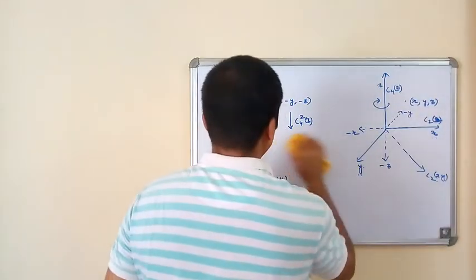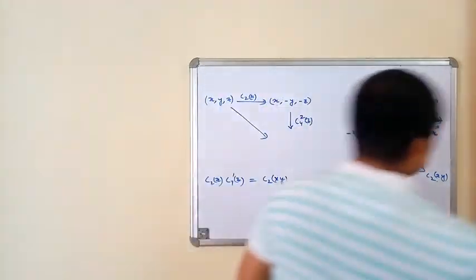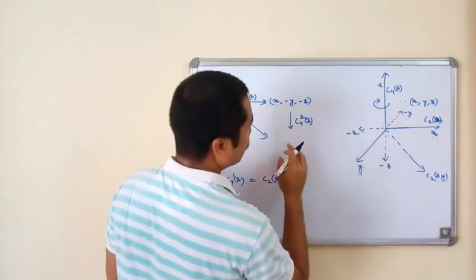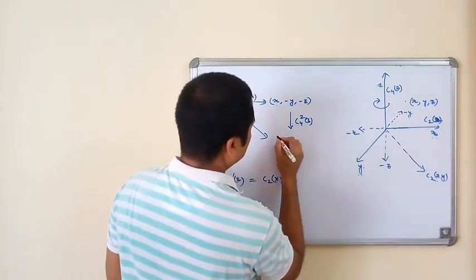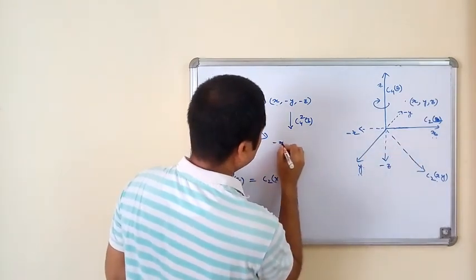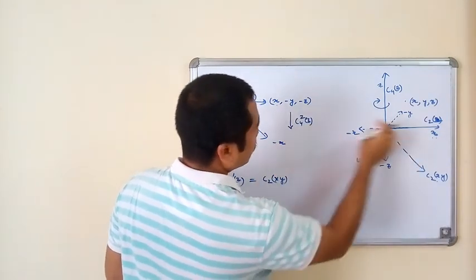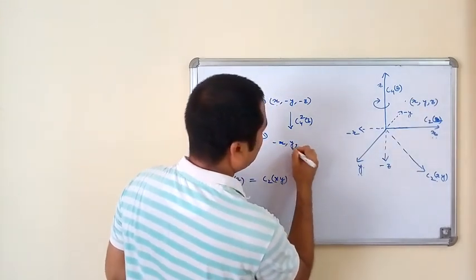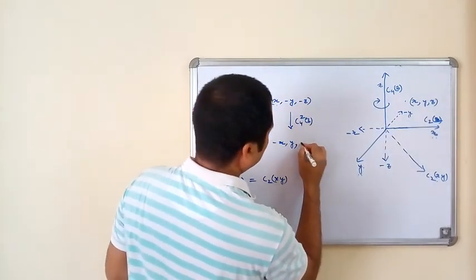The coordinate over here is going to change. That is a 180 degree rotation with respect to the z axis. Then x goes to minus x, minus y after 180 degree rotation will come to plus y, and minus z will not change.